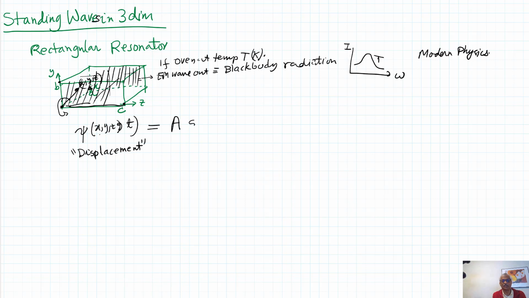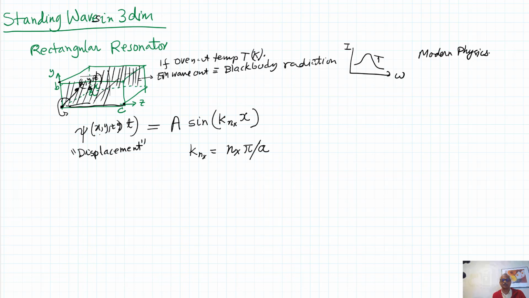So it's going to be sine of some kx, but it can't be some arbitrary kx. Let's call it nx, x. If you had a string along the x-axis, you might know that this will be nx pi over a.